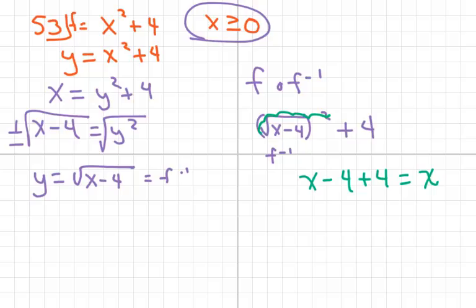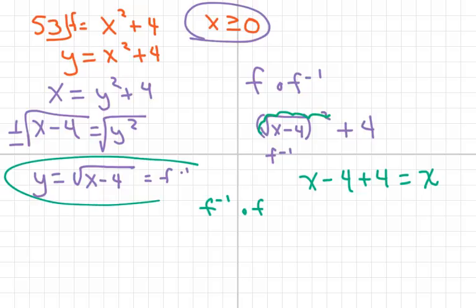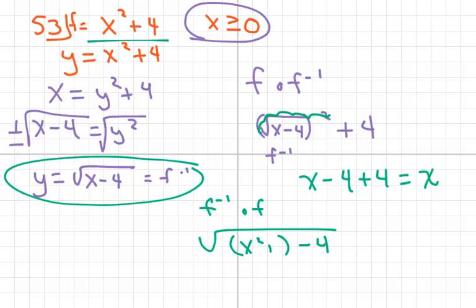And then we have to also compose f inverse with f. So I'm going to write down f inverse, but everywhere there's an x, I'm going to put parentheses, and I'm going to dump in f, which is x squared plus 4. And we get square root of x squared, which equals x.